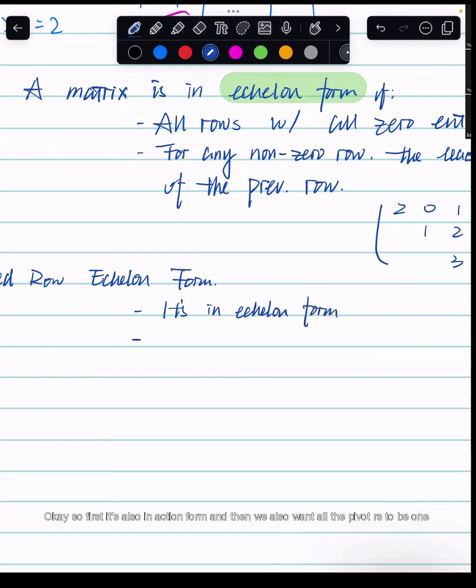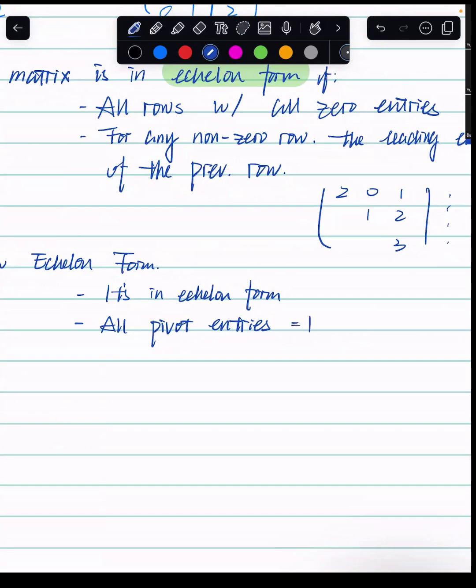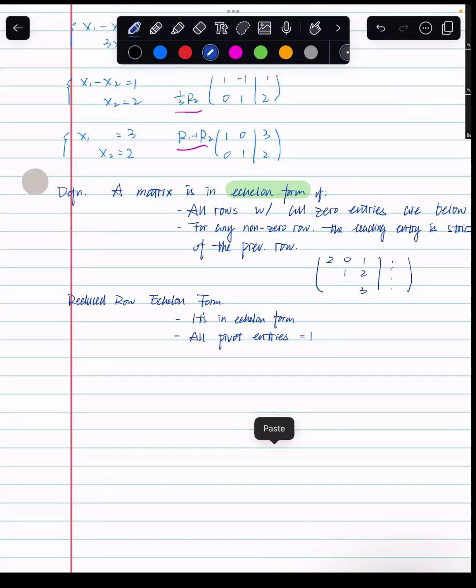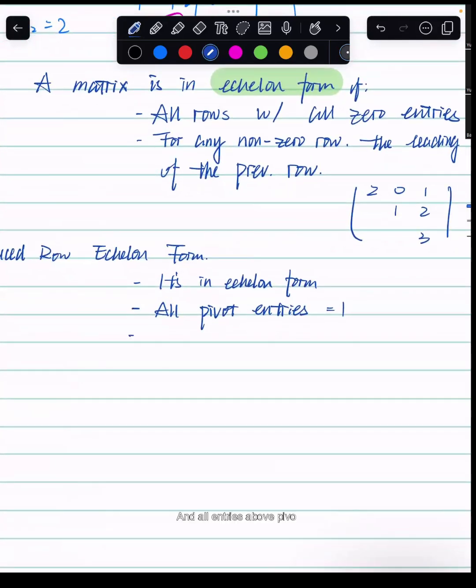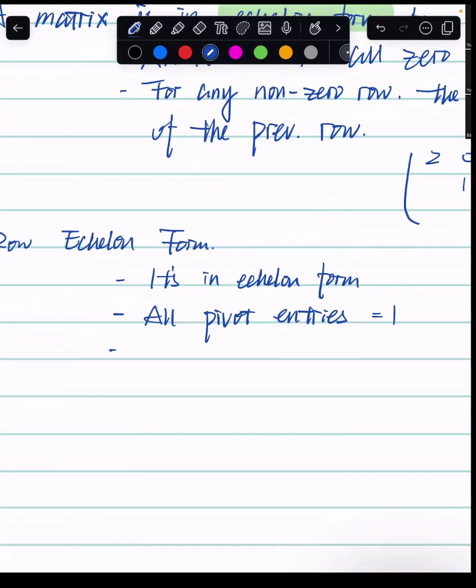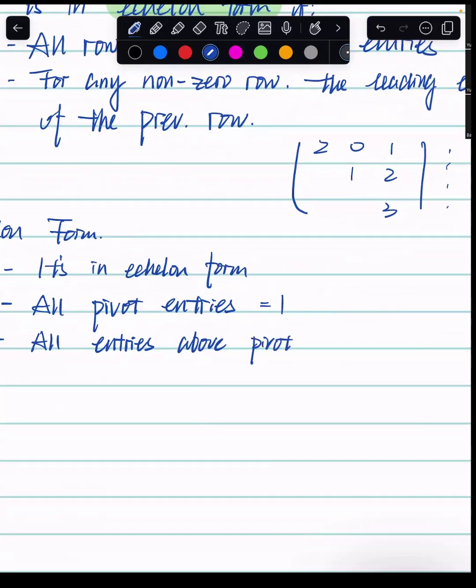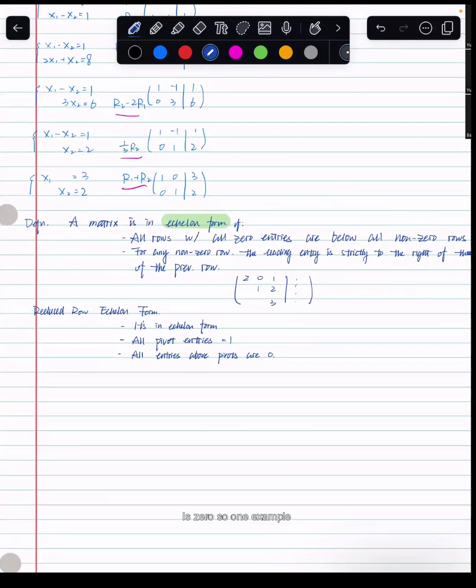And then we also want all the pivot entries to be 1, and all entries above pivots are 0. So one example can be what we have right here.